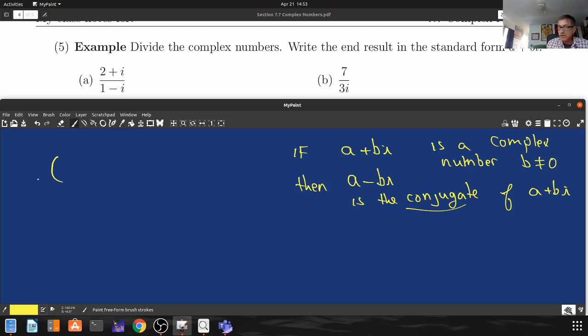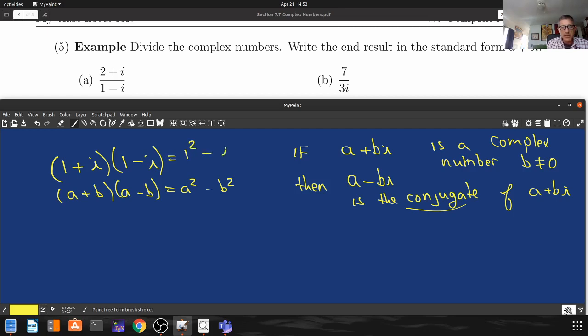Let's actually get an example. 1 plus i times 1 minus i. Well, remember the a plus b times a minus b factorization? That's equal to a squared minus b squared. We're going to use that here. Here a is equal to 1, so that's 1 squared minus i squared.